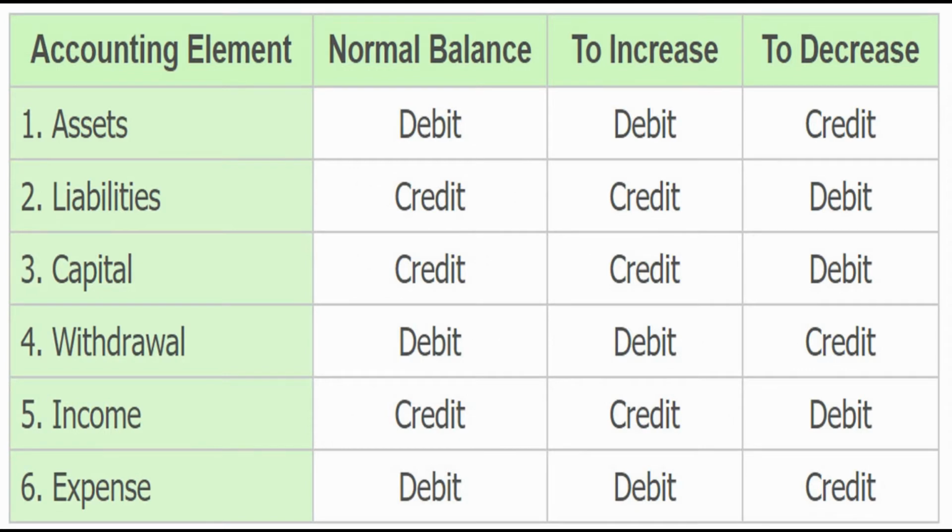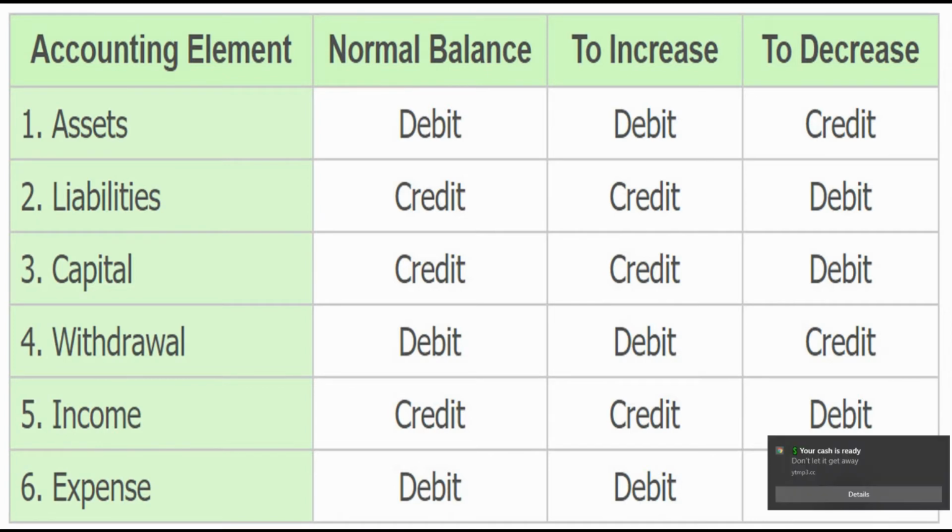So let us determine the normal balance of the 5 major elements. So we have asset, withdrawal, and expenses.